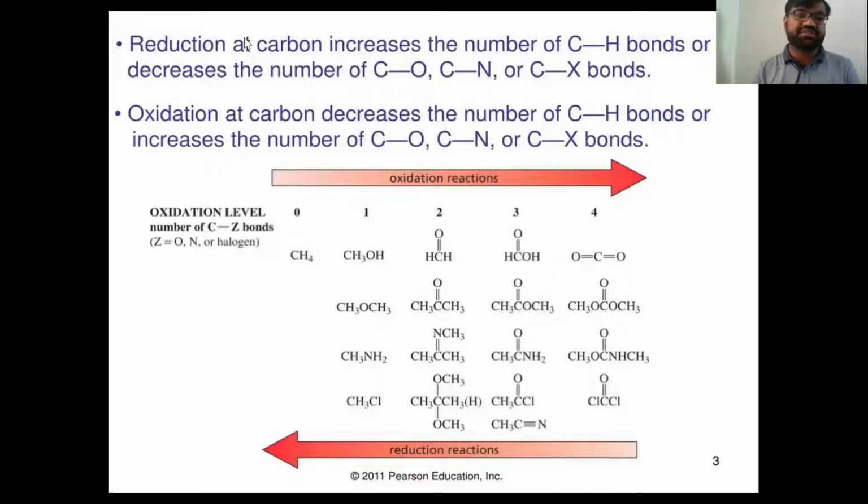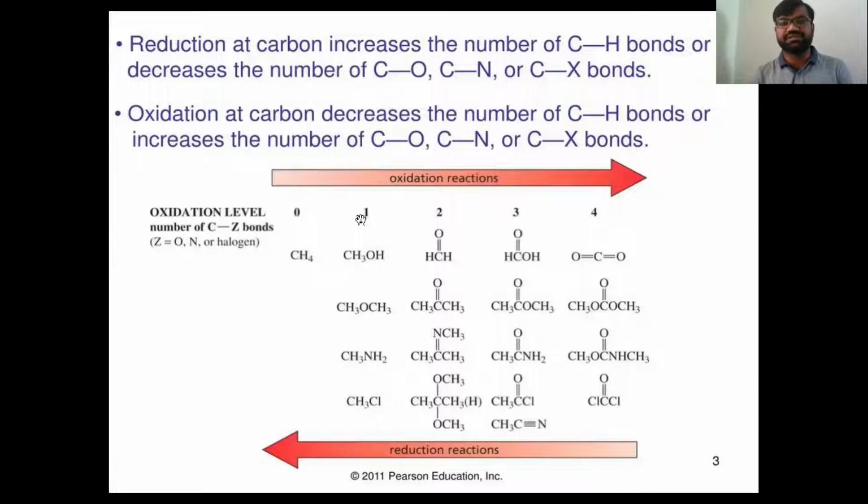So redox reactions, oxidation levels as shown over here: 0, 1, 2, 3, and 4. For methane, CH4, this is given as 0. For methanol, dimethyl ether, methylamine, chloromethane, it is 1. Why is it 1? Because you see Cl minus, reverse it, so it is +1.